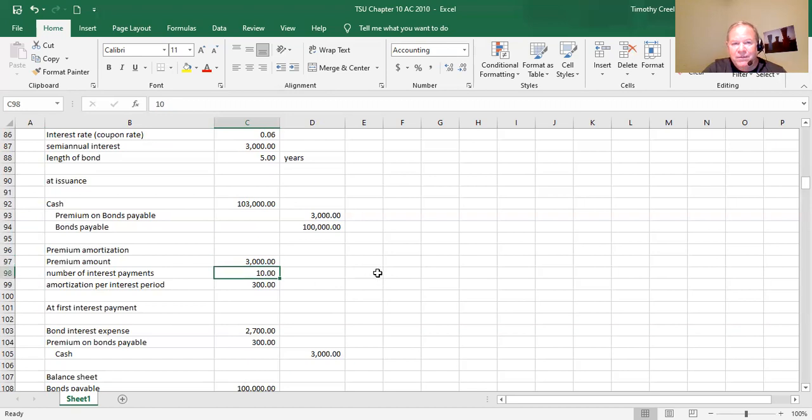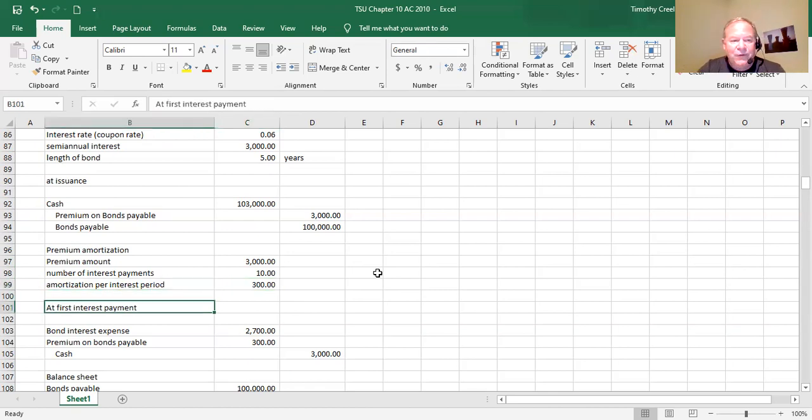The number of interest payments is 10: 5 years, 2 payments of interest per year. So we would take that 3,000 amount of the premium, divide it by the 10 interest payments, and we would have $300 per interest payment. Again, we're using the straight line method of amortization.